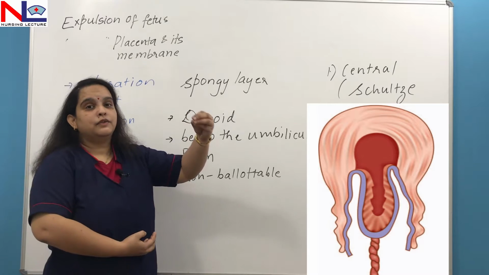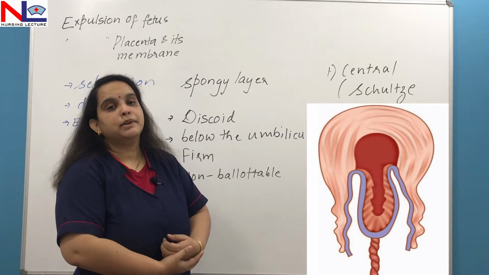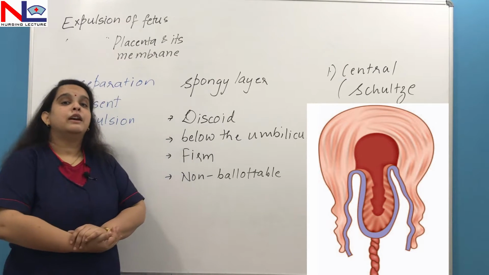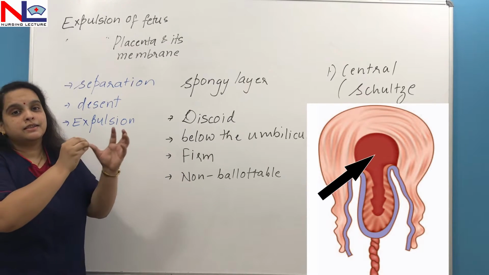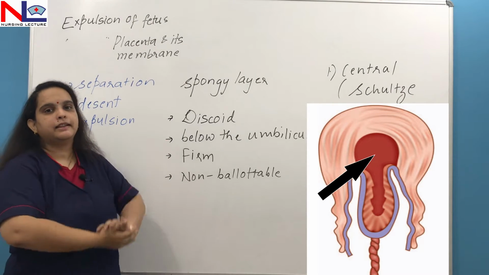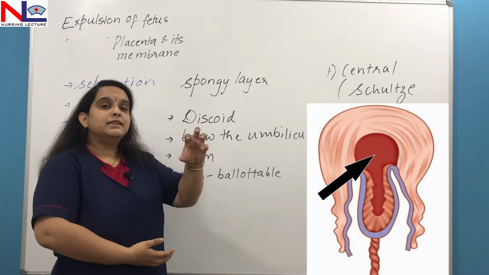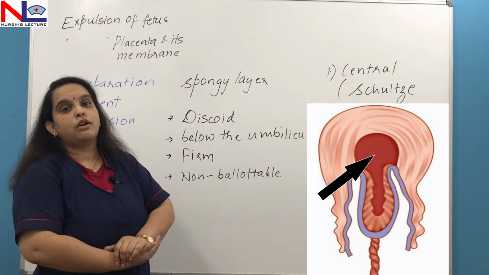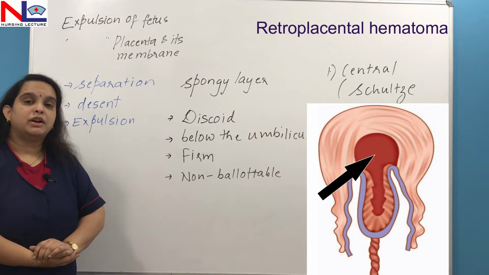The vessels lying between the placenta and the implantation site become torn, right? And with these torn sinuses, blood starts collecting in the space between the placenta and the implantation site. Because the blood is collecting behind the placenta, it is called the retroplacental hematoma.